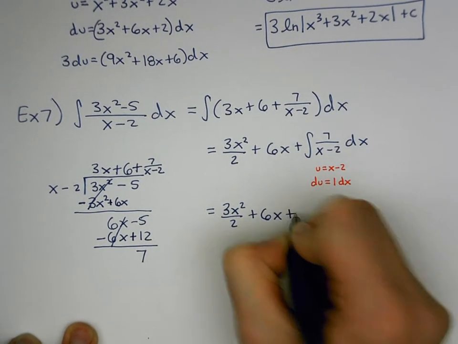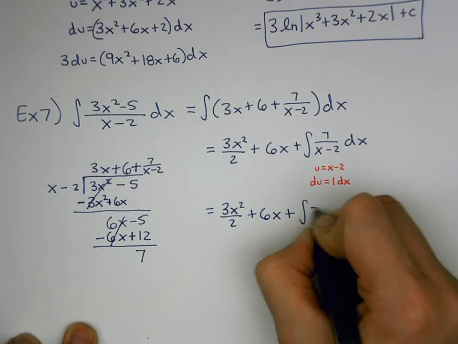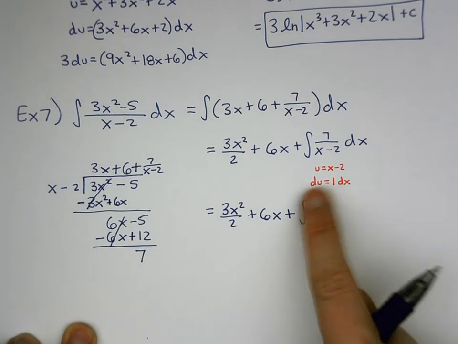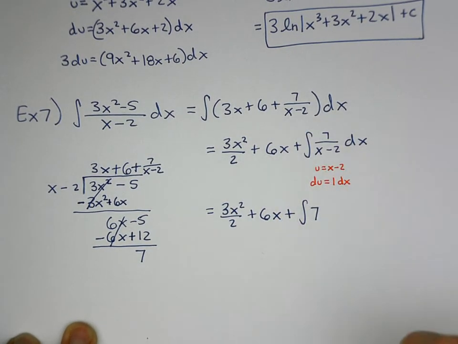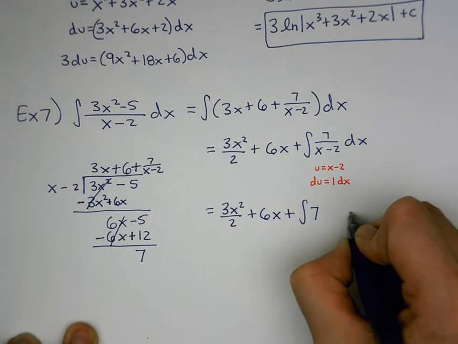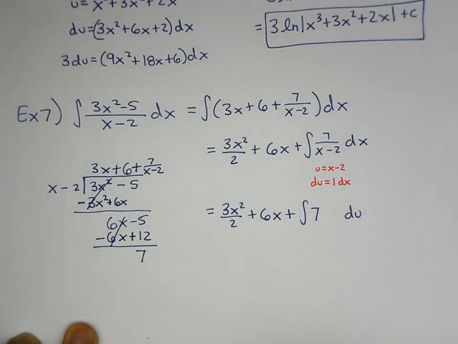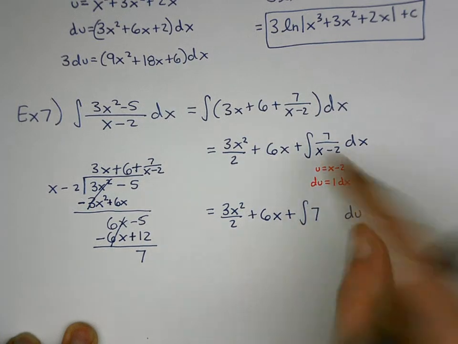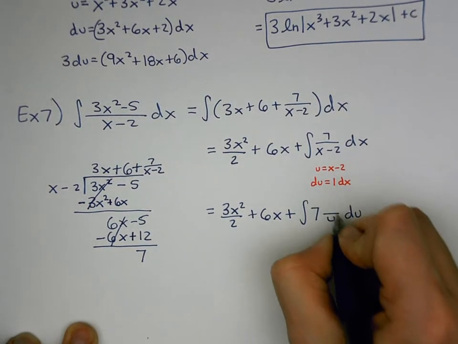Okay, so my 7, I'm going to let my 7 hang out. I also could multiply both sides by 7 to make it match, but I'm going to let it hang out. The dx comes out and is du, and the x minus 2 becomes u in the denominator there.